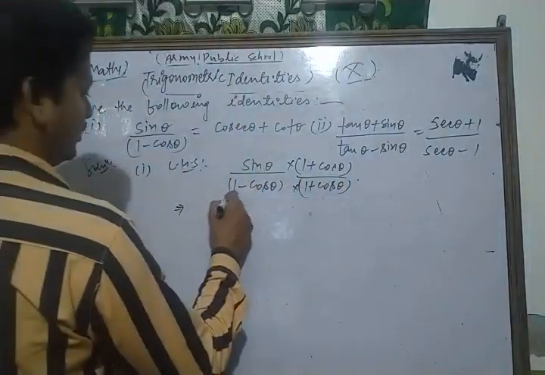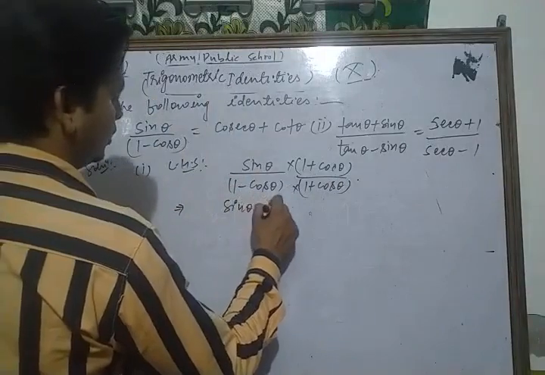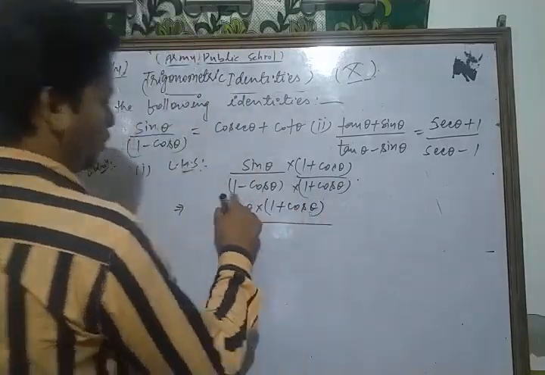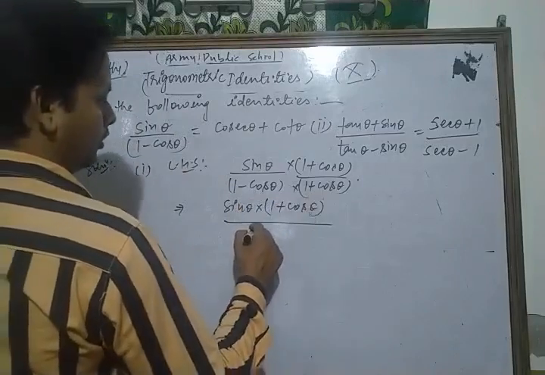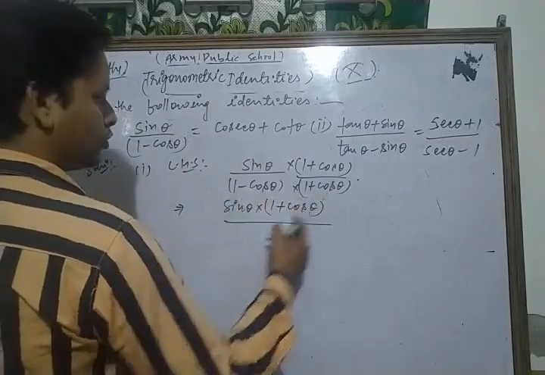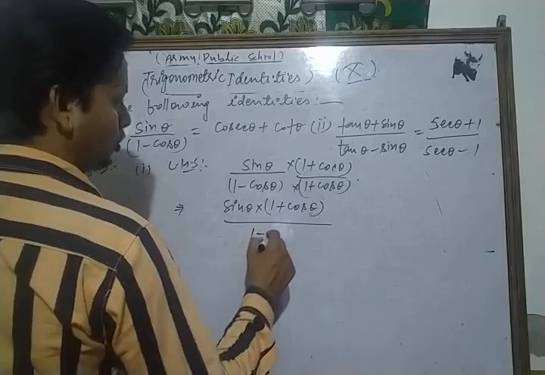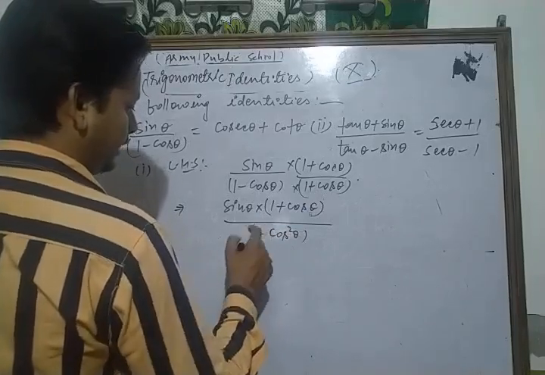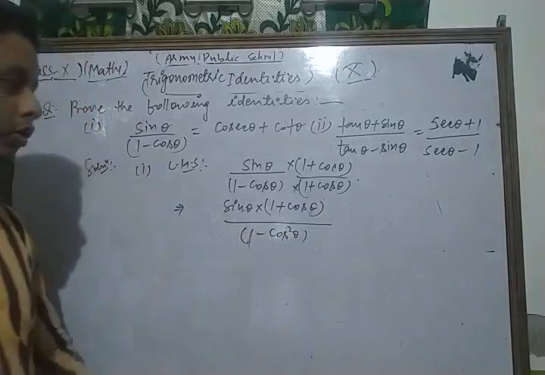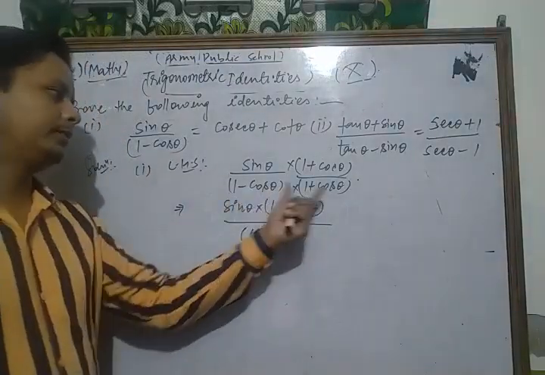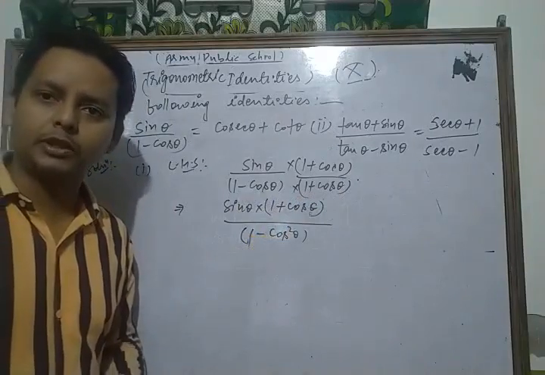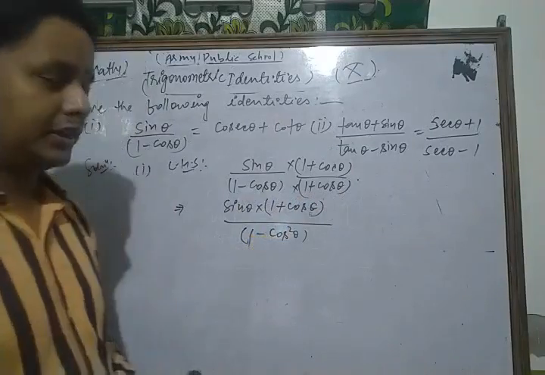So we get sin theta into 1 plus cos theta upon 1 minus cos, 1 plus cos, which is of the form a minus b into a plus b. So we can write 1 minus cos square theta, using the identity a plus b into a minus b equals a square minus b square.